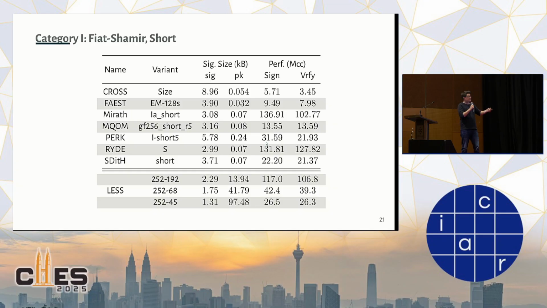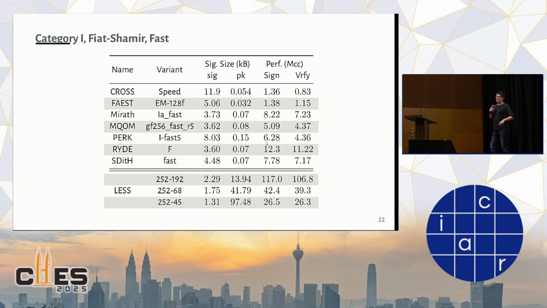And you can see LESS has the smallest among them, right? Which is very nice already. And even the performance numbers are not completely off, right? We are in the same region with 100 million cycles for RYDE or Mirath, and our smallest parameter sets are even competitive with the other ones, except the public key size.